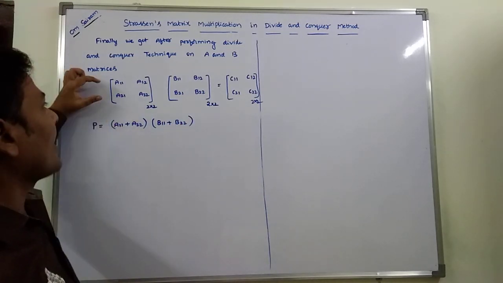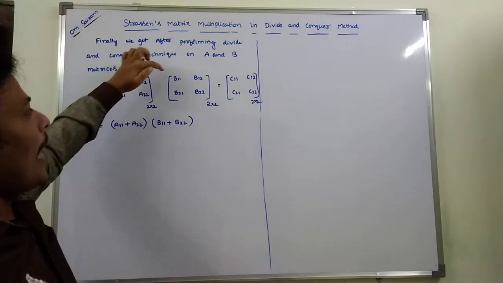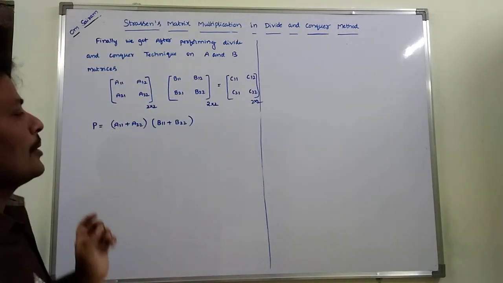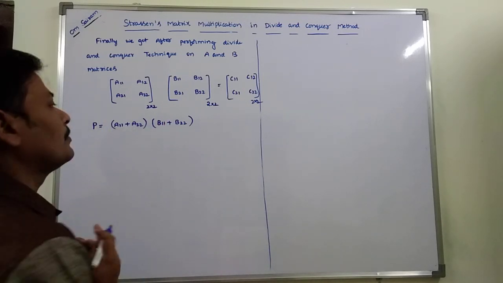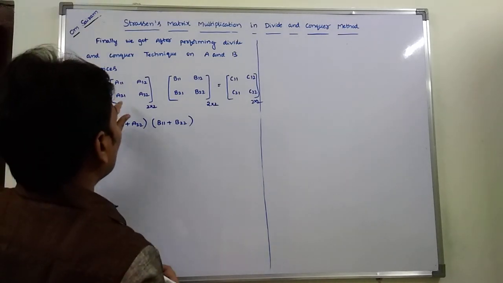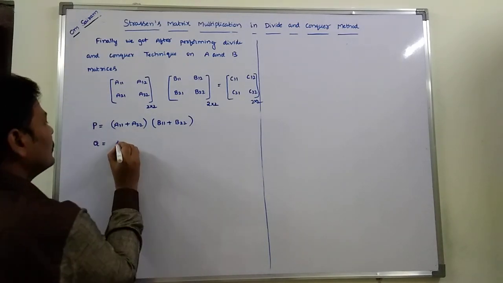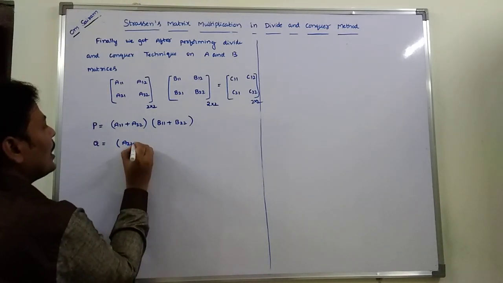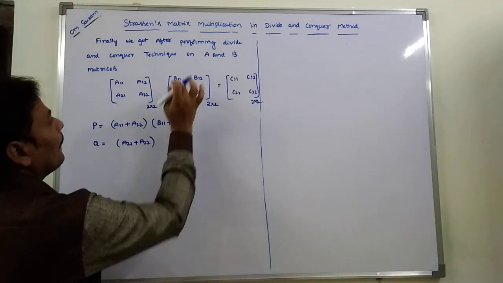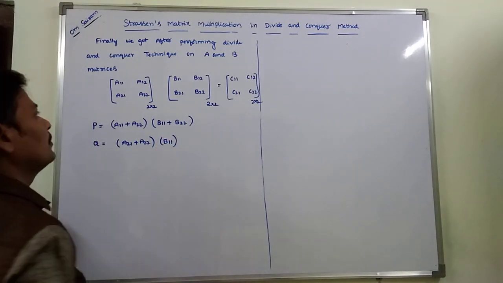Adding diagonal elements in matrix A, that is A11 plus A22, and adding diagonal elements in matrix B, B11 plus B22. Both are multiplied. Second one, Q is equal to, next we have to add these two, A21 plus A22, is multiplied with B11.